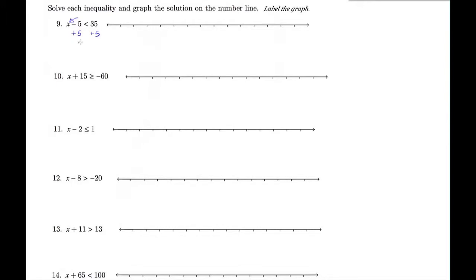And I get x is less than 40. And I need the points, all values less than 40. So I need an open circle here at 40 and all values to the left.